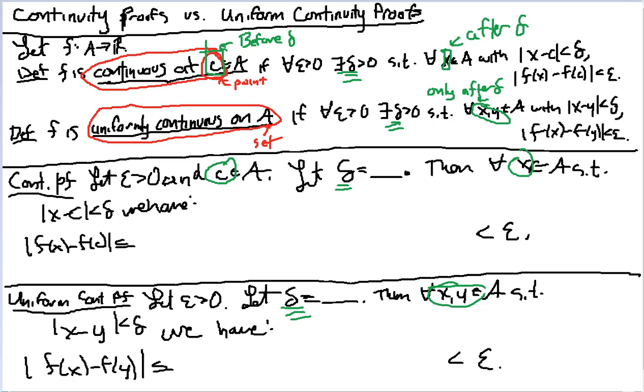Another difference is at some point you might have an intermediate step down here that says, like, I don't know, |xc| times |x - c|. And very similarly here, you might have |xy| times |x - y|. Notice that |x - c| and |x - y| are good because that's your delta.